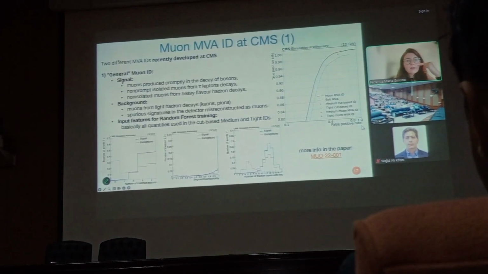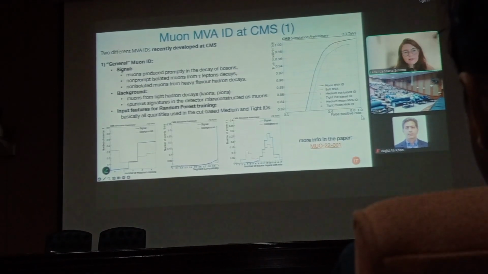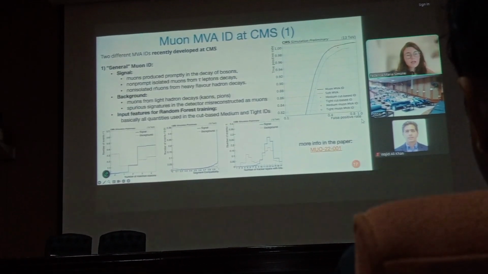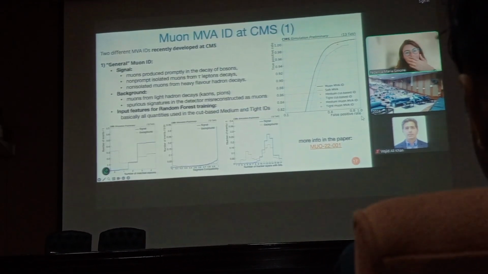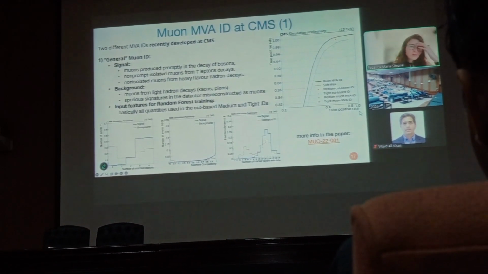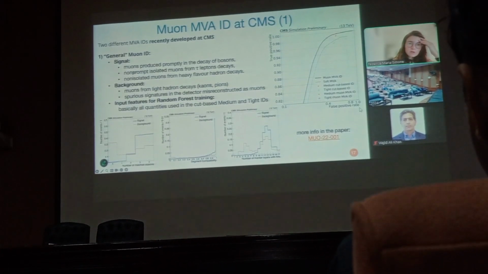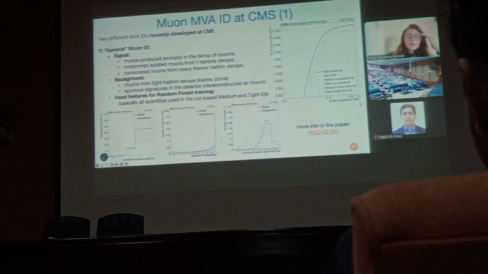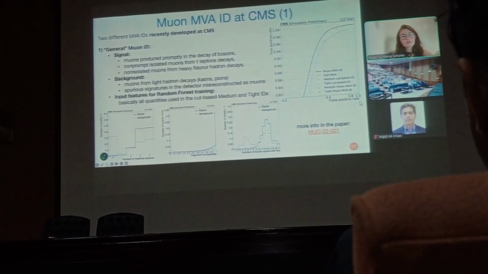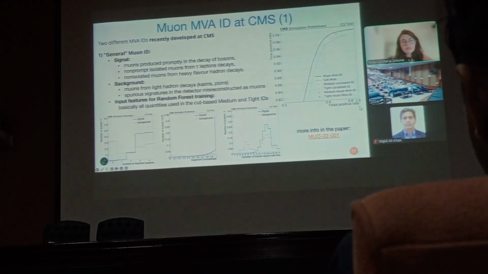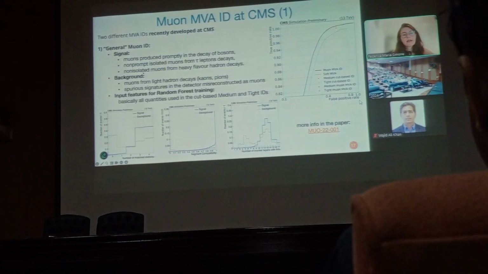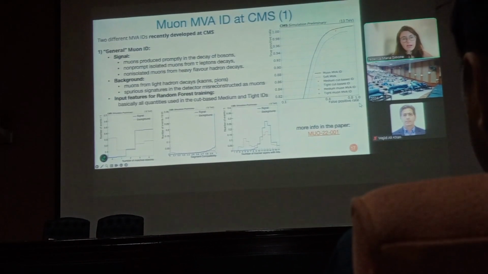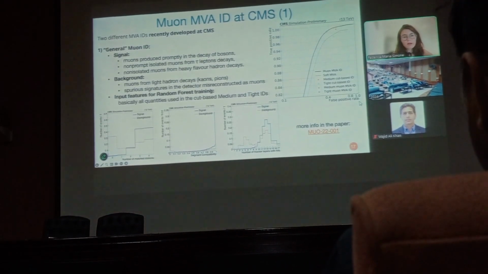Signal here was made of a cocktail of prompt muons from boson decays, tau lepton decays. So let's say isolated muons, not super prompt. But we are also including heavy flavor decays, which are also not isolated and non-prompt. So signal is basically including everything that is not K and pi decays in flight, punch through, pile up.